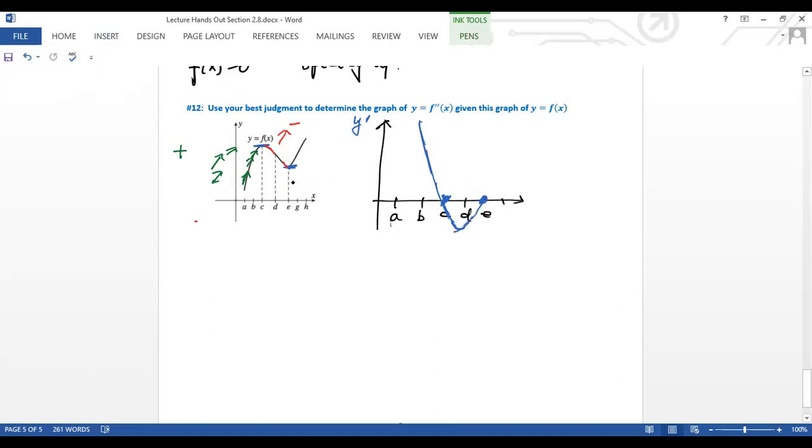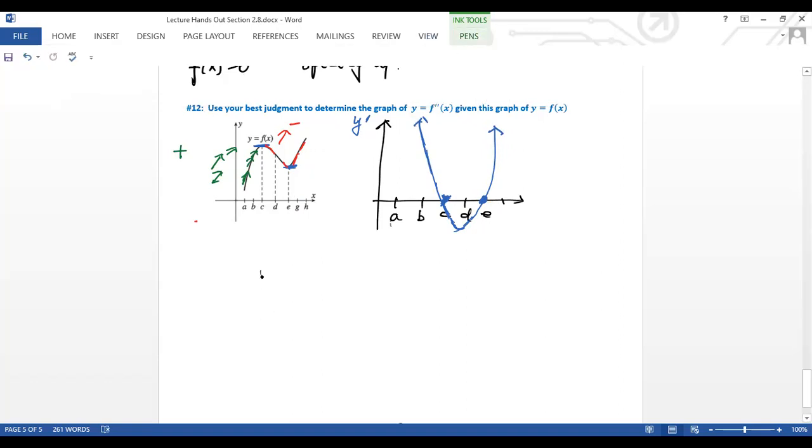And finally, at E it's going to be 0. And then here, what happens? Your tangent lines become positive again, right? So that's why I know probably this will be my f prime x. It's a very important concept, like we did in the previous lectures, right?